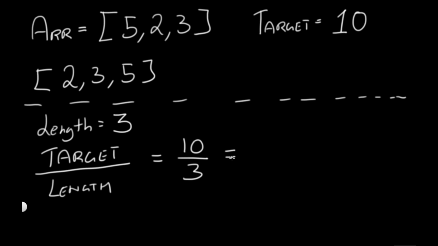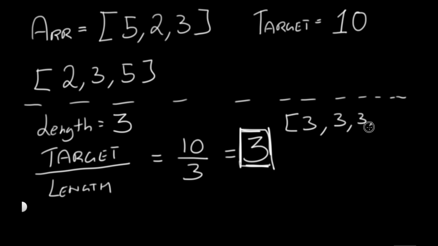We actually get 3.33, but we're going to round it down, so we just get a value of 3. What does this 3 actually mean? It means that if we have this array, 3, 3, 3, this is our most ideal case where our numbers are repeated. This is the closest we can get to 10.